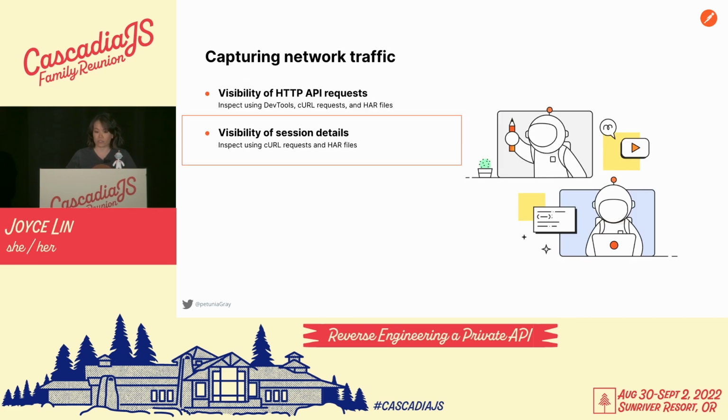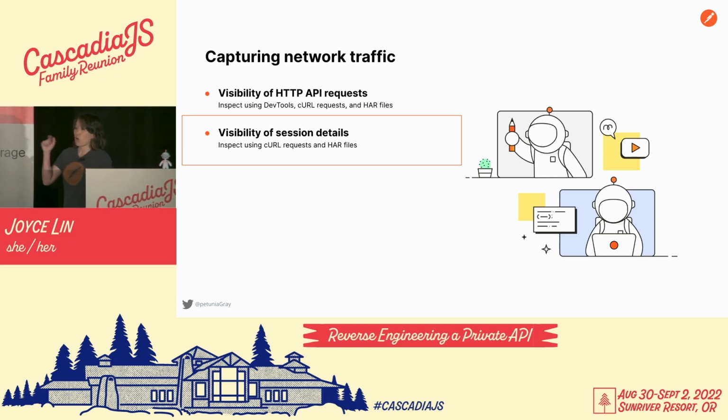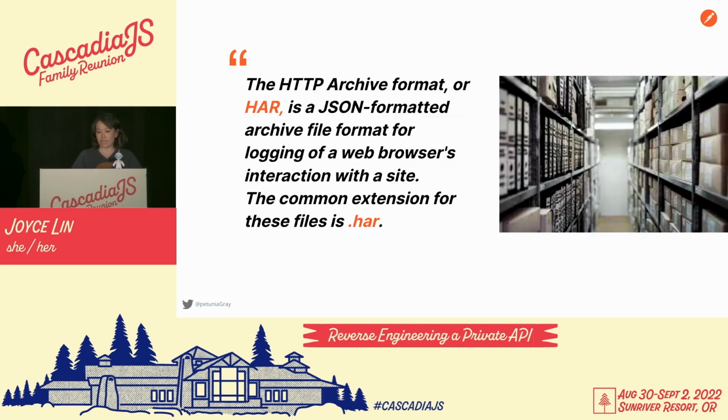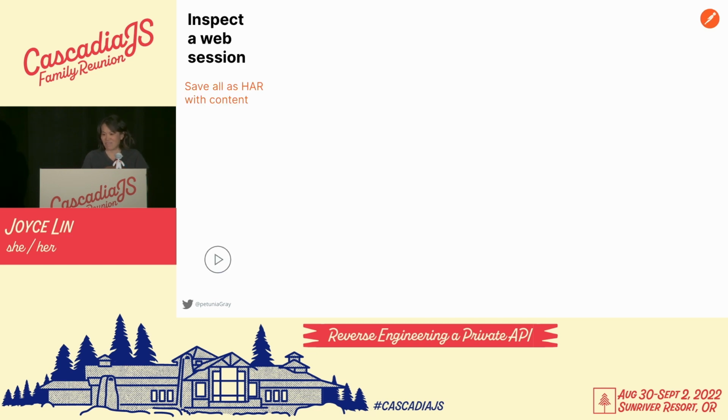Let's expand our search to session details, an entire session. One of the options there was HAR files. You can also use curl to capture an entire session, but now we'll take a look at HTTP Archive format, HAR files, extension .har. There's probably a joke here somewhere, but I didn't think enough about pirates.